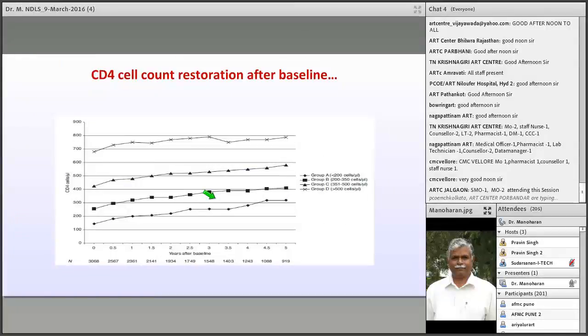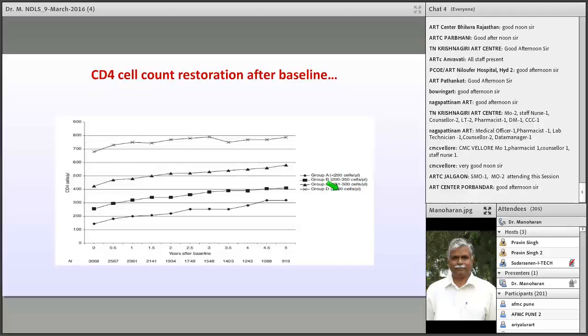So in this study, the initial CD4 count is given and the patients are grouped into groups A, B, C and D based on the CD4 count at the time of initiation, that is less than 200, 200 to 350, 350 to 500 and more than 500.